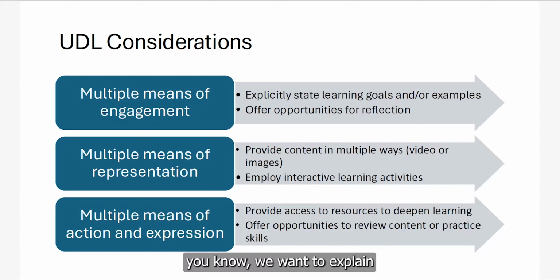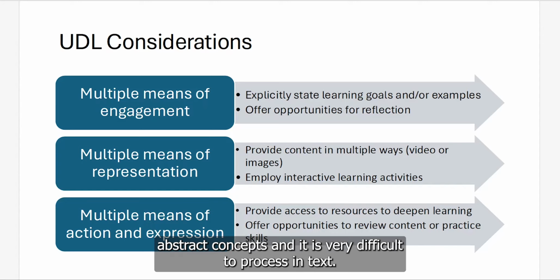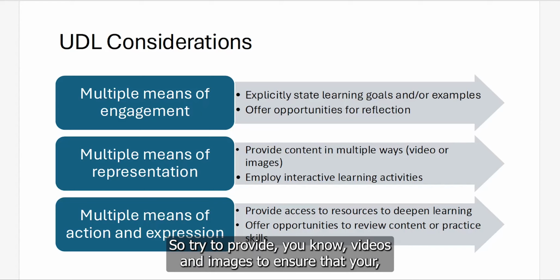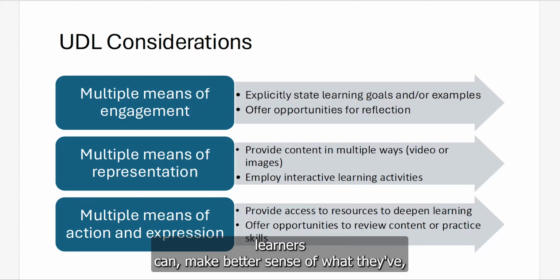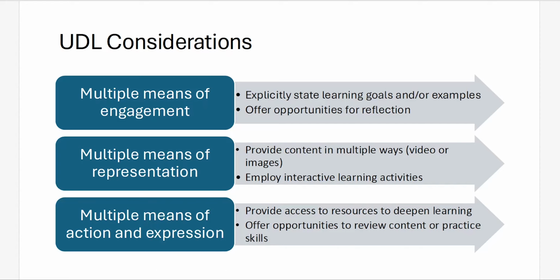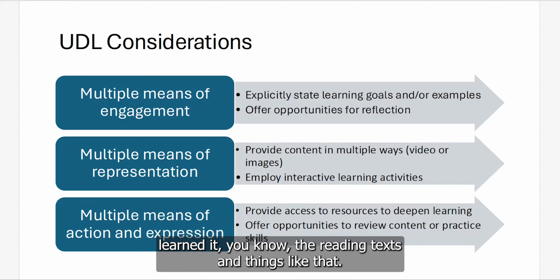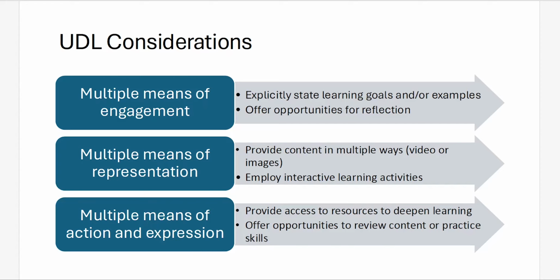Oftentimes, we want to explain abstract concepts and it is very difficult to process in text. So try to provide videos and images to ensure that your learners can make better sense of what they've learned through reading text and things like that.